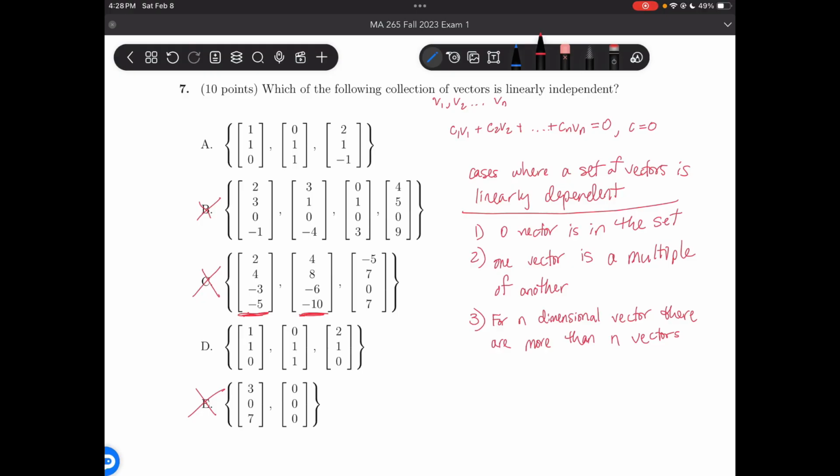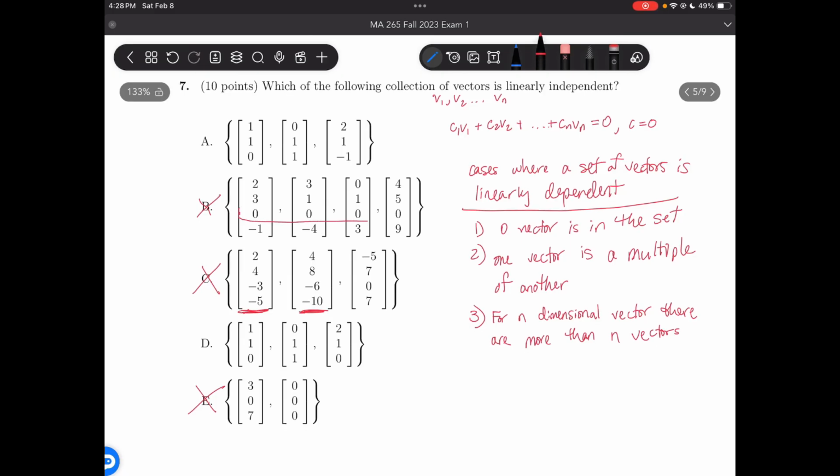So now you might look at B and think, wait, how does B violate that? B has 4 dimensions. Each of these vectors has 1, 2, 3, 4. It's 4-dimensional, and there's only 4 elements in this set. However, we can notice that the third value of each of these vectors is 0.